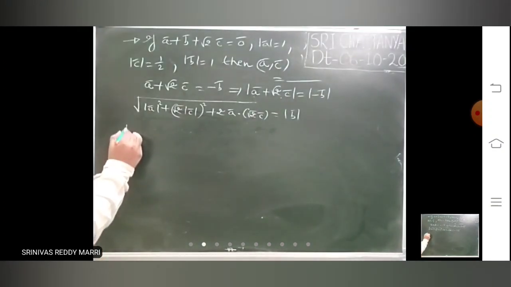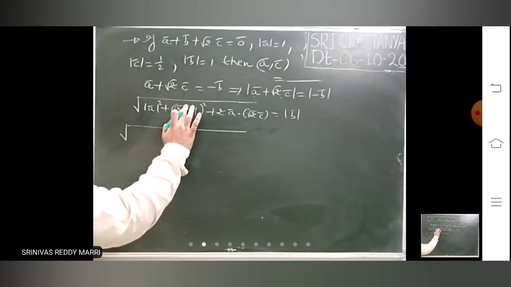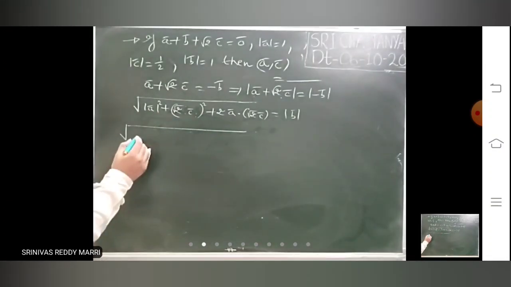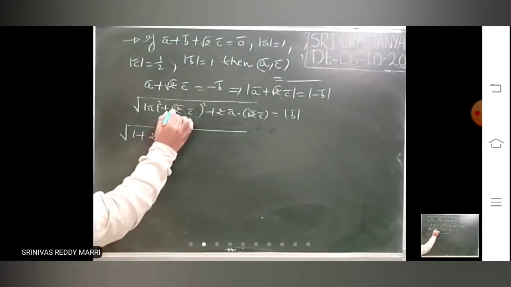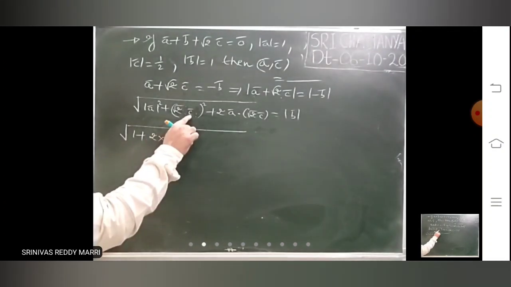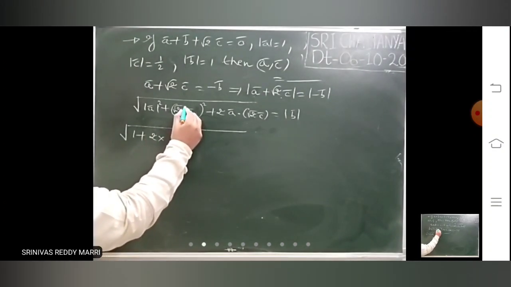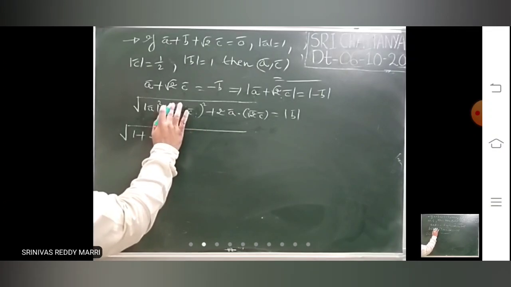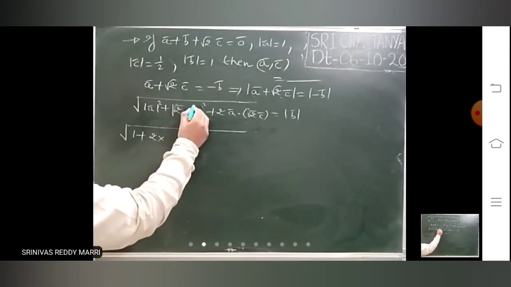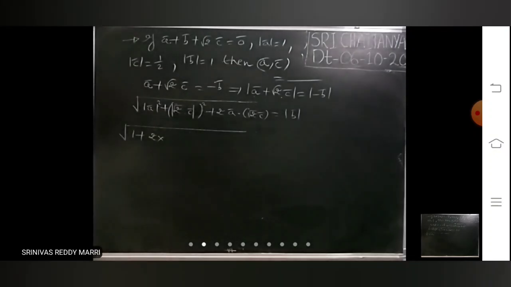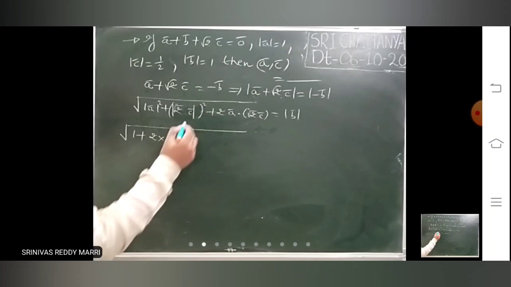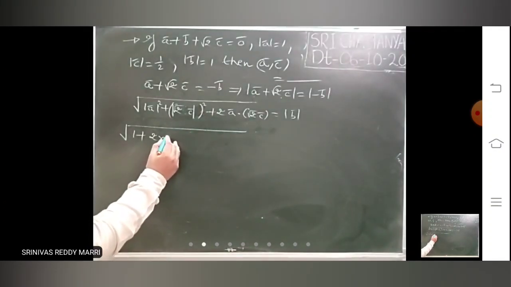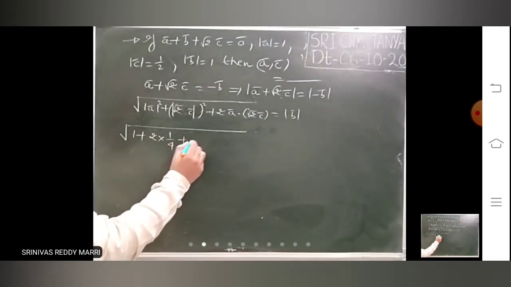Therefore substitute these values, root 2 C bar. Modulus A bar square is 1. Root 2 whole square, that is modulus root 2 C bar whole square. Modulus B bar square. Root 2 whole square is 2 into modulus C whole square. Modulus C whole square is 1 by 4.